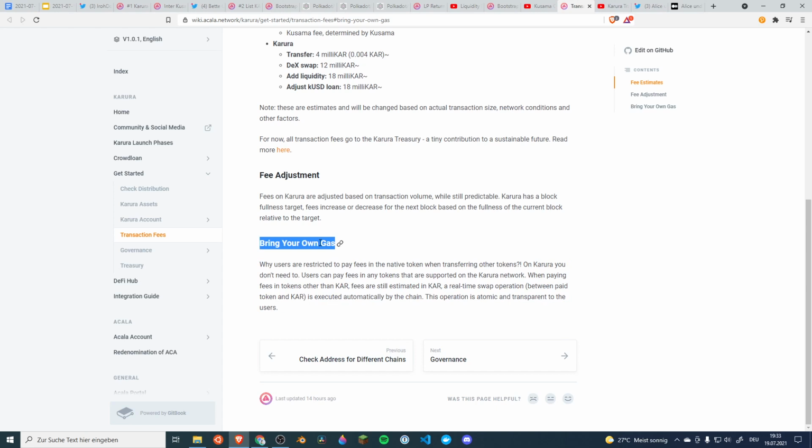Once the KAR KSM pool is live, you could bring KSM and the system could swap it against KAR and use the KAR to provide the liquidity for you in KAR tokens. So if you don't have KAR, you will have to wait until the KAR KSM pool is actually live.